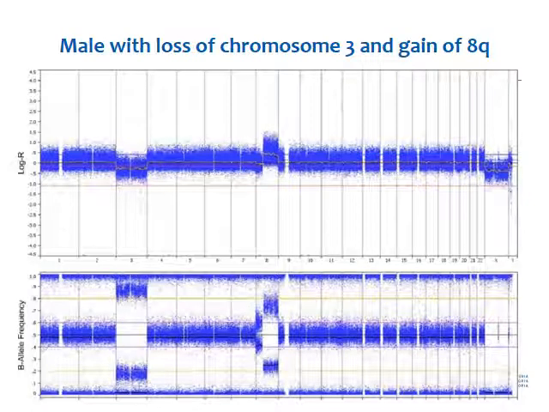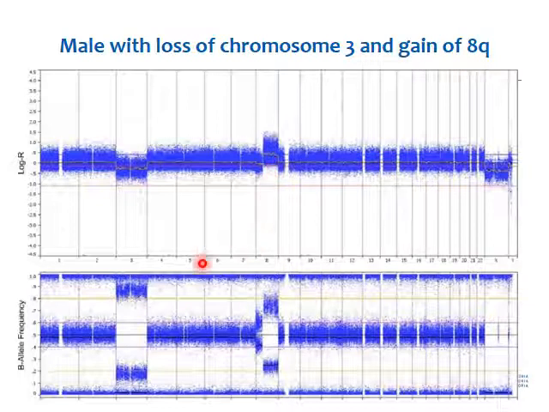In this SNP array, it's the results of a male patient showing loss of chromosome 3 and gain of chromosome 8q.